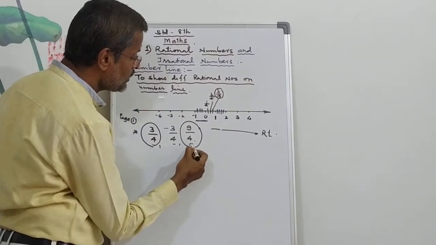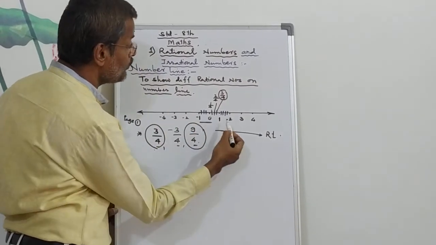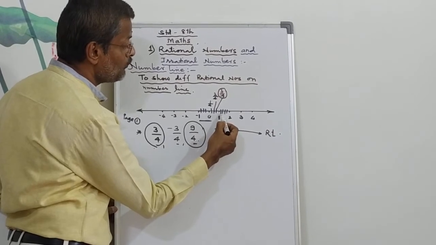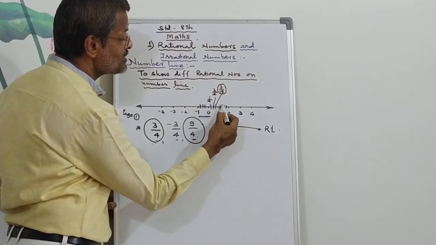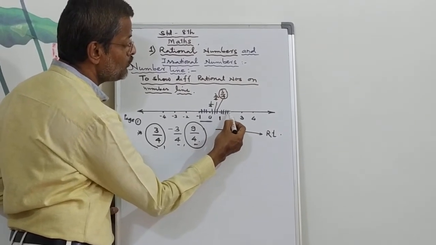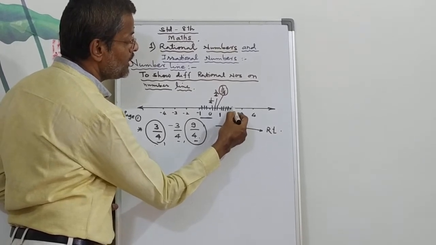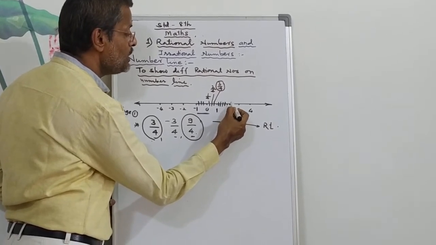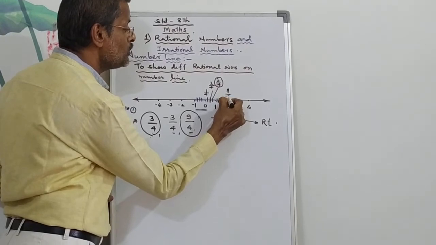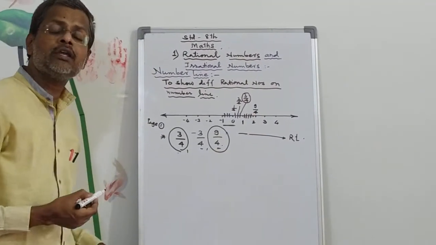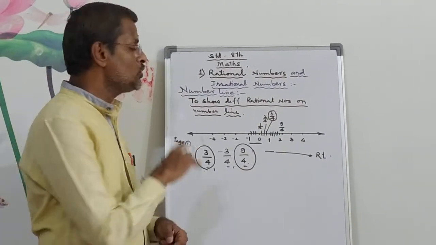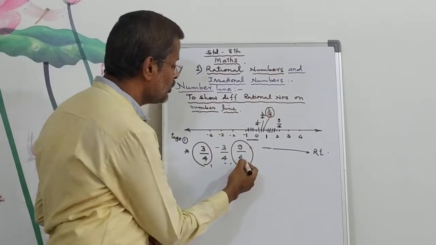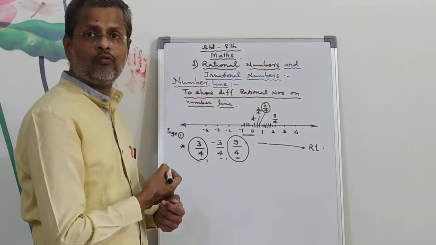In the same way, we will go towards 9 upon 4. This will be 4 upon 4, 5 upon 4, 6 upon 4, 7 upon 4, 8 upon 4. Now the next number will be 9 upon 4. So 9 equal parts to the right hand side of 0 is 9 upon 4.